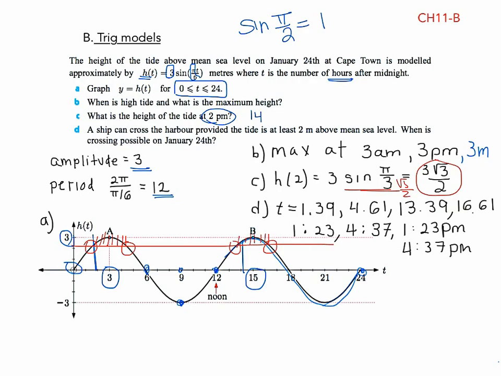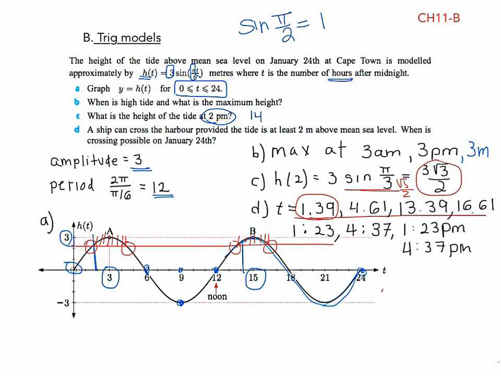You would find this by graphing y1 is equal to 3 sine of pi x over 6 and y2 is equal to 2. Once you find the intersections, it should come out to be 1.39, 4.61, 13.39, and 16.61.